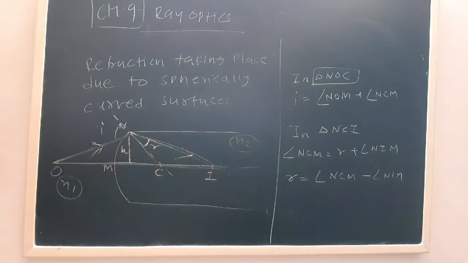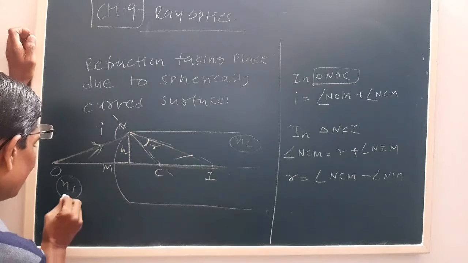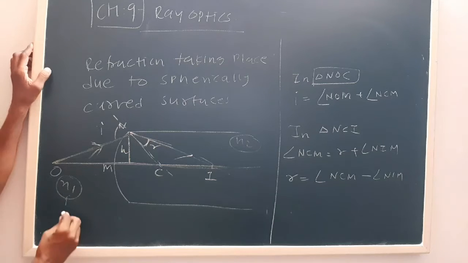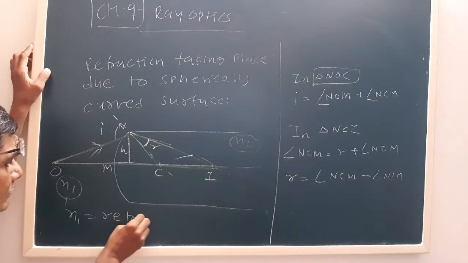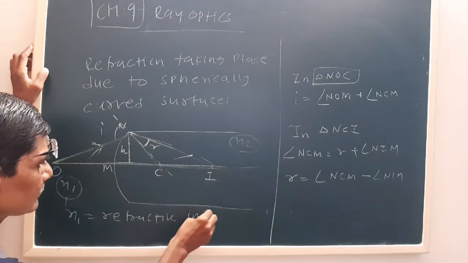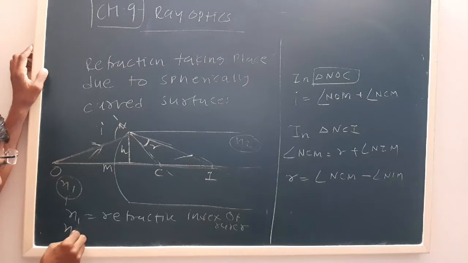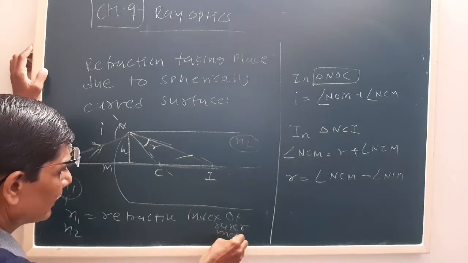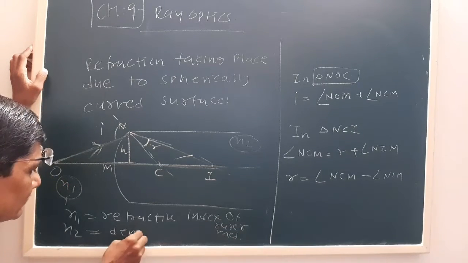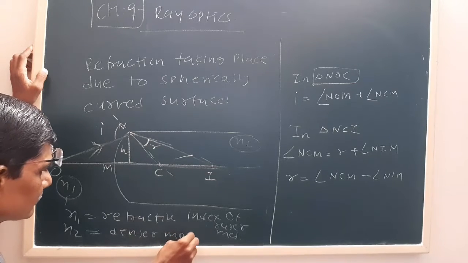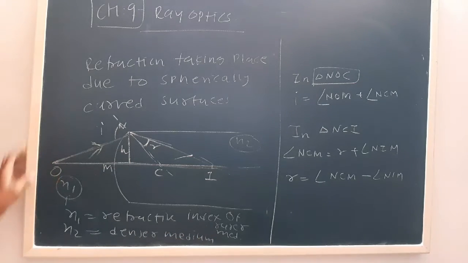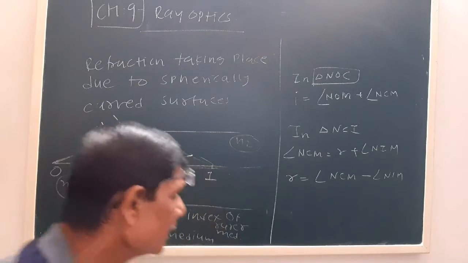Now we have got I, the angle of incidence, and we have got angle R also, the angle of refraction. N1 is the refractive index of the rarer medium, and N2 is for the denser medium. Now we have to use Snell's law.